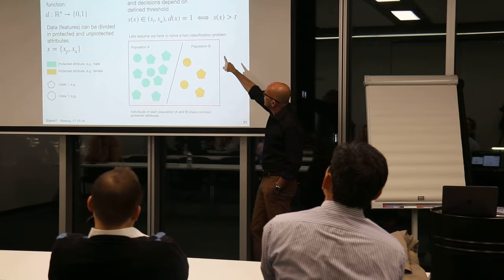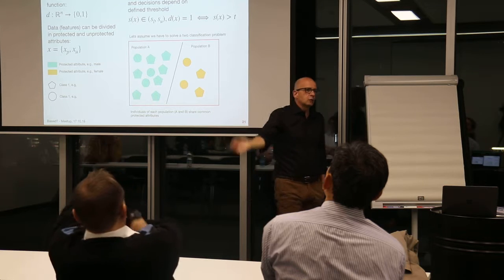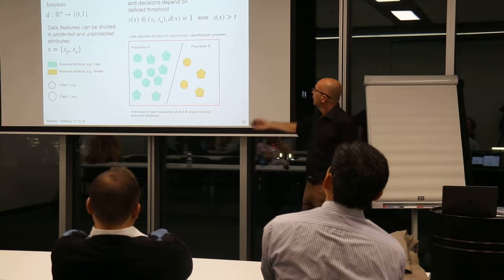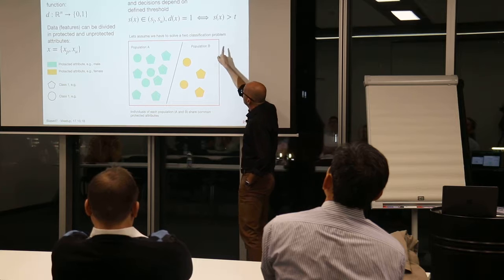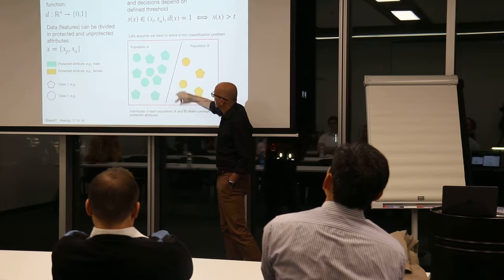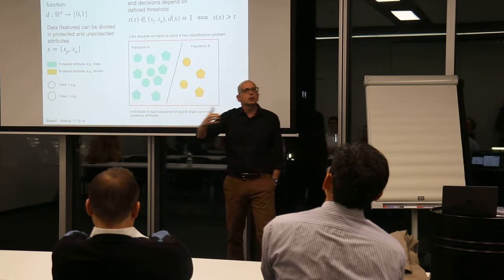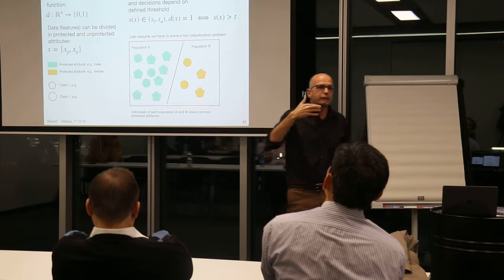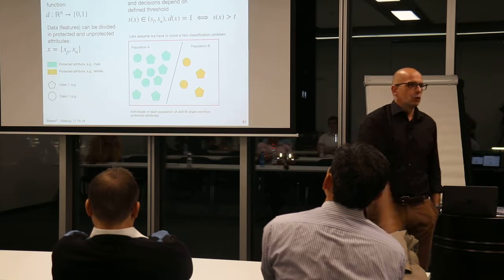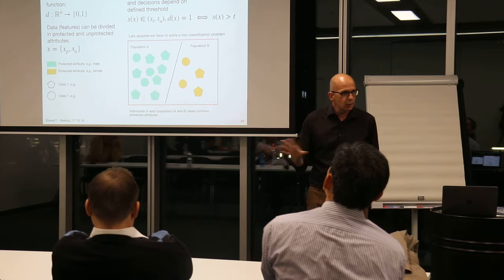Then the decision function, whether this individual belongs to class 1 or class 2, should be independent of the protected attributes. So the model should not do something like: if it's a female, no; if it's a male, yes. So that's the whole idea.